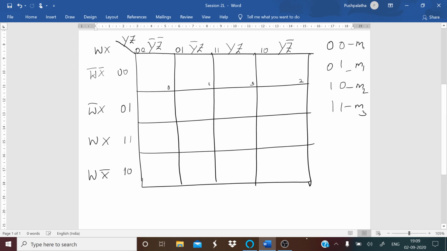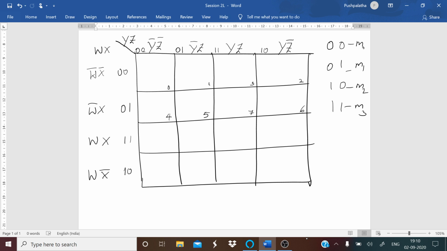In the same way you have written here 0, 1, 3, 2. Here you will be writing 4, 5, 7 and 6. This is for your easier identification while giving the final expression, and also while reducing the expression, these values are useful. And again remember 4, 5, 7 and 6, but next you are not going to mention here, but you are going to go for the next cell here, because 0, 1, 1, 0.